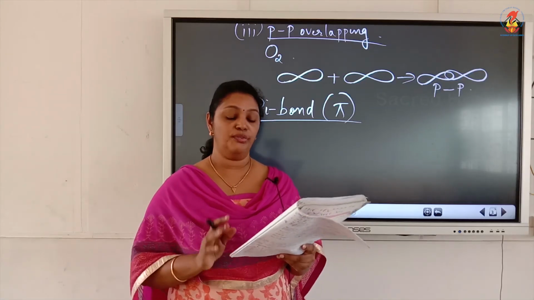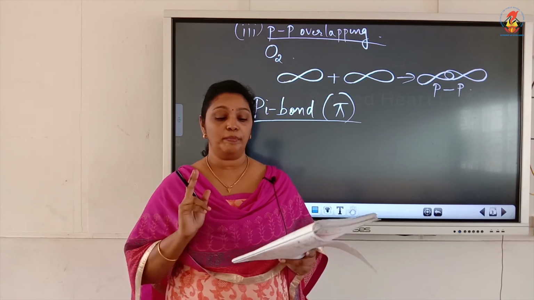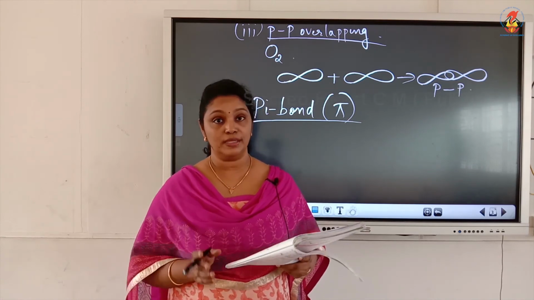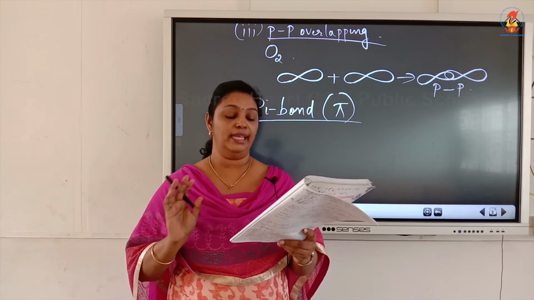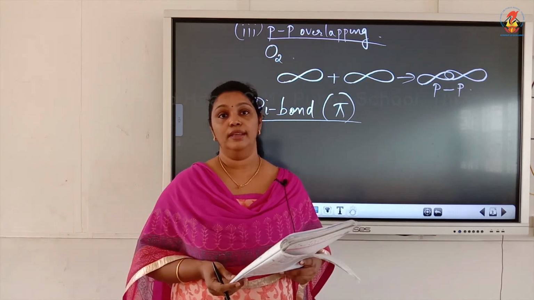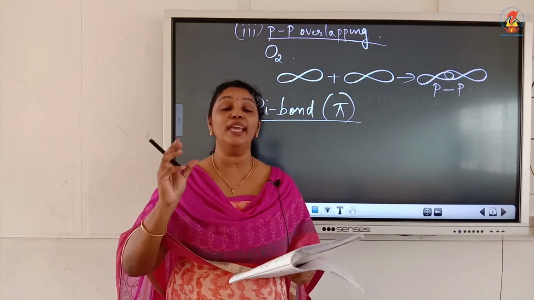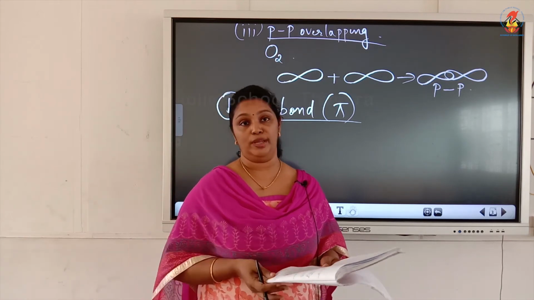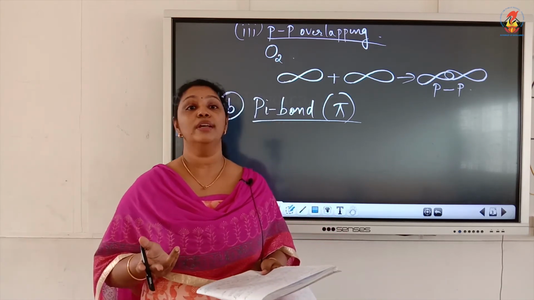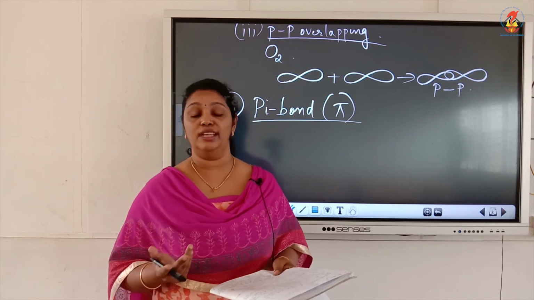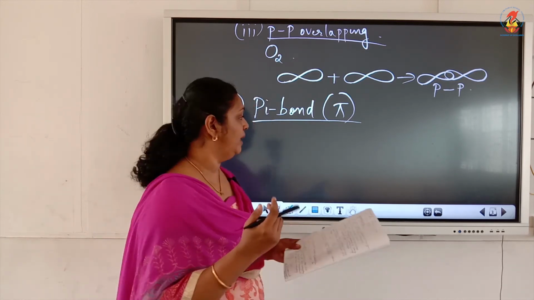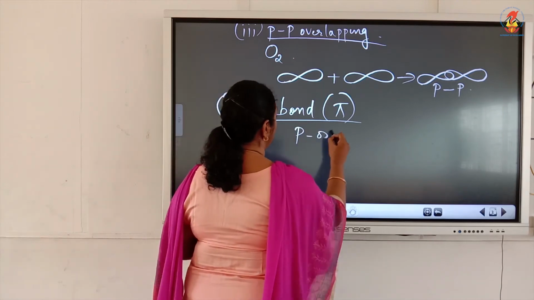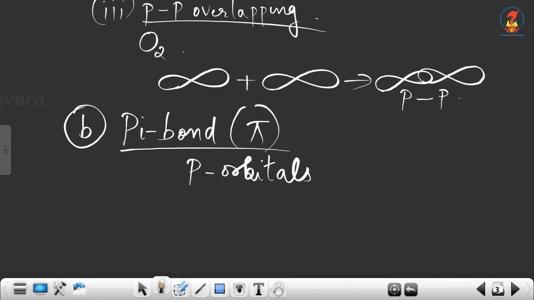A pi bond is formed when half-filled p orbital overlapping takes place perpendicular to the internuclear axis, which means only p orbitals are involved in pi bond formation, whereas in sigma bond formation s and p orbitals are involved. P and D orbitals can also be involved, but in 11th you only have to study the p orbitals involved in pi bond formation.